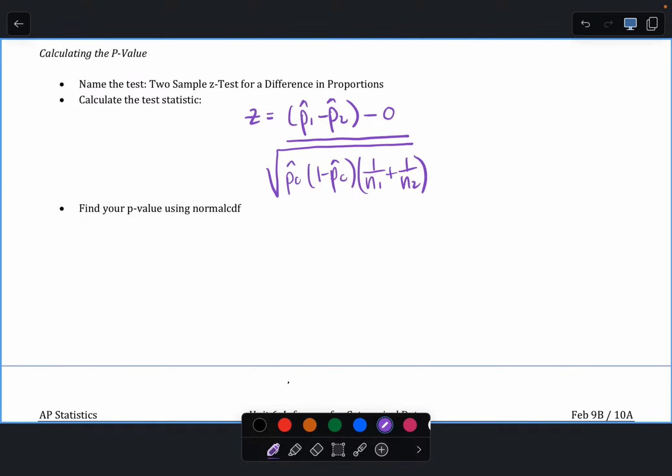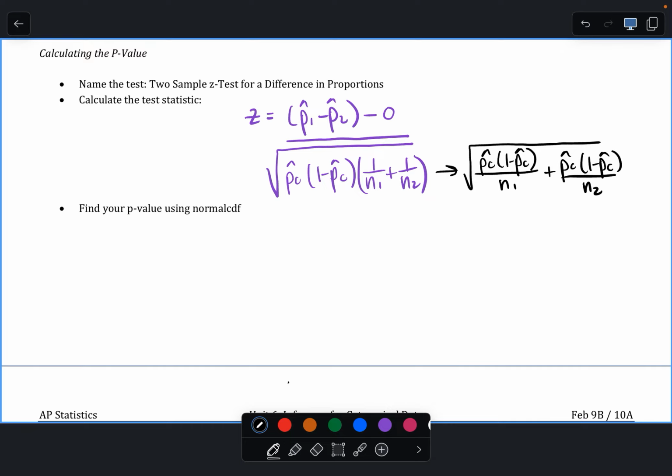I know that this one looks slightly different than what we've been doing, but just to show you, this bottom part is still doing the same formula. It's just avoiding you having to write PC and 1 minus PC 2 times, because they are just distributing to both of them.